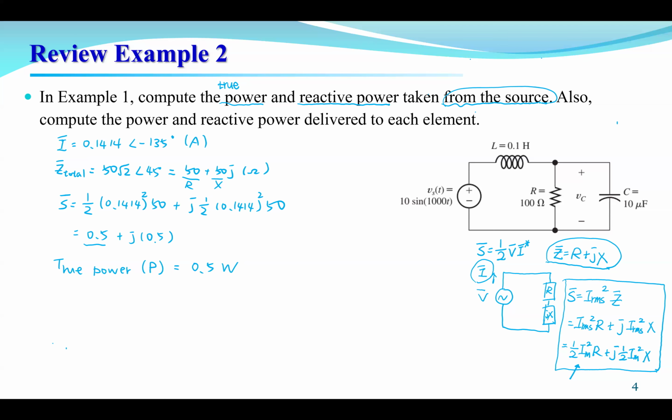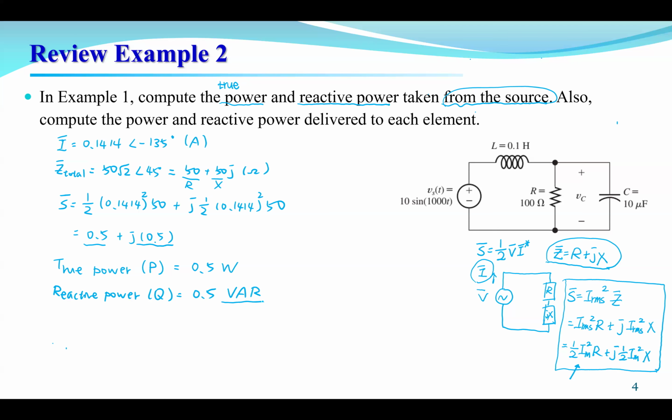And the reactive power, we say it is Q. It's the imaginary part of this complex power, which is positive 0.5 VAR. The unit is volt-ampere reactive.